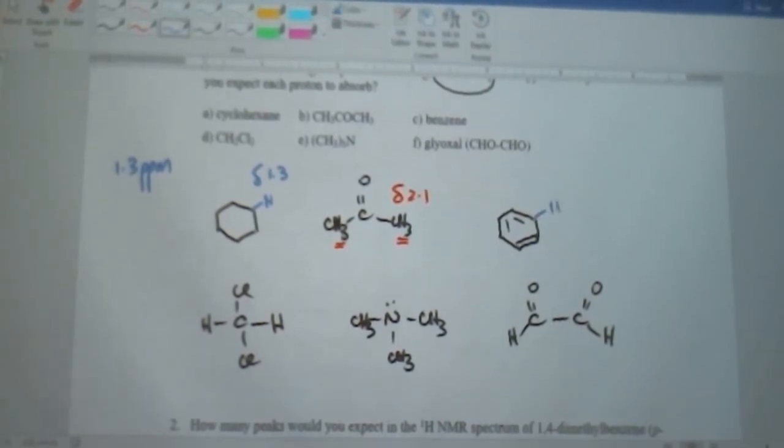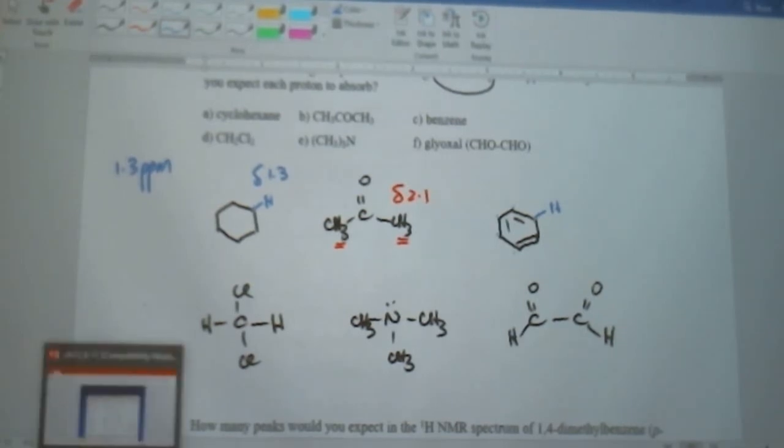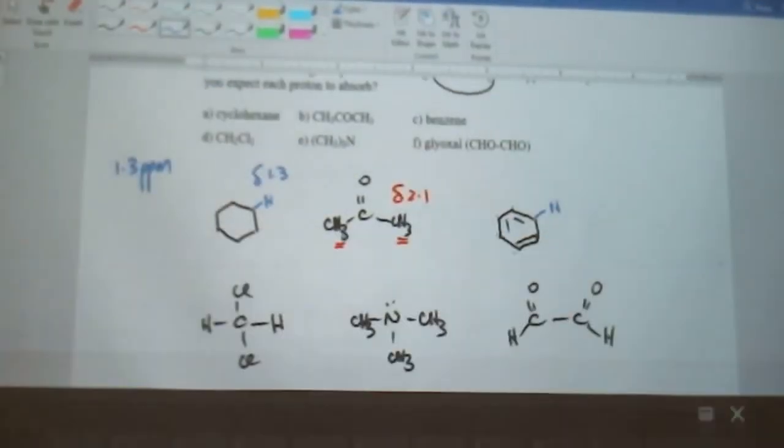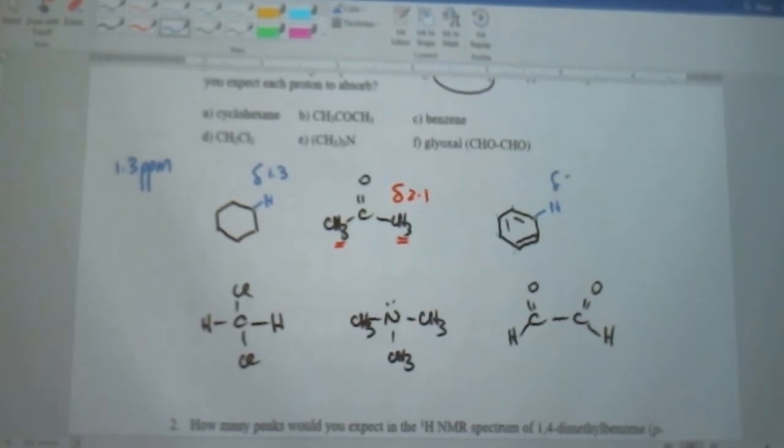Any of these 6 hydrogens in benzene, roughly about 7.2, give or take half, it depends on the rest of the environment.